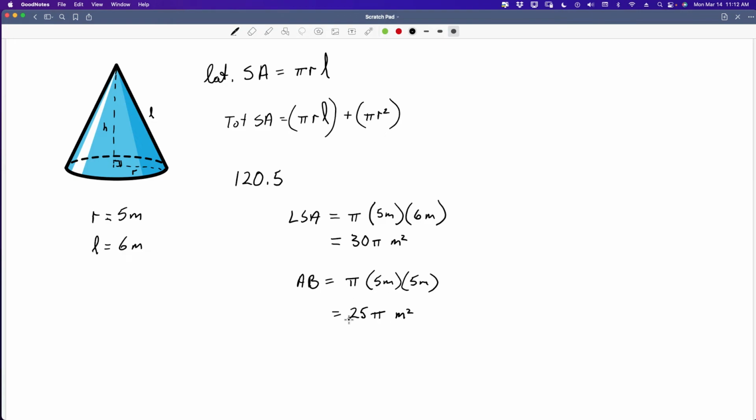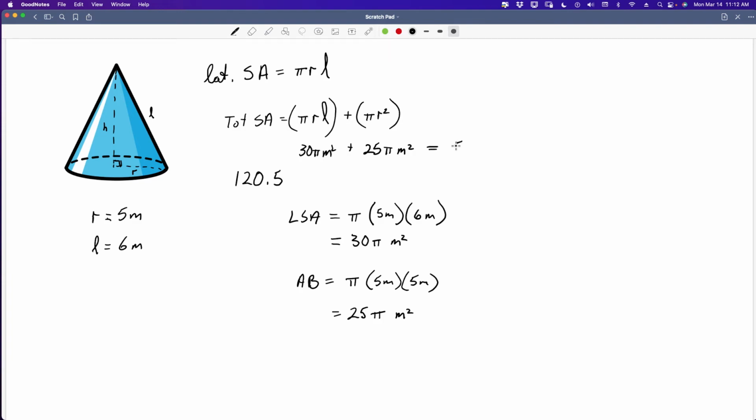Now we can add these two together. So right here, our lateral surface area is 30 pi meters squared plus the base area, which was 25 pi meters squared. And look, they have the same variables, pi meters squared, so that means we can add the coefficients together because they are like terms.